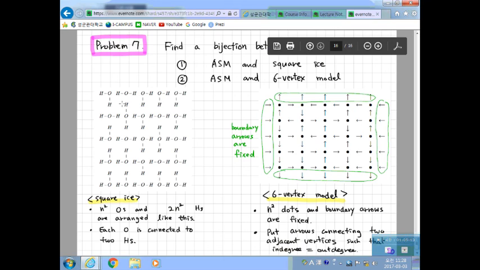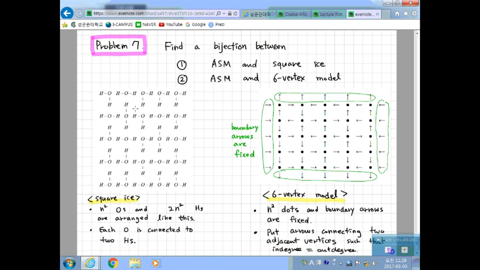The O's are arranged like this, the H's are arranged like this, but each O wants to have two H's. The number of ways to connect O's and H's to form water molecules has a simple connection with ASM, alternating sign matrices. And that's why physicists consider ASM. We will learn this later in this semester.